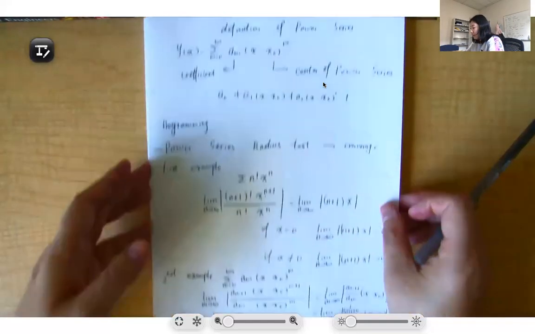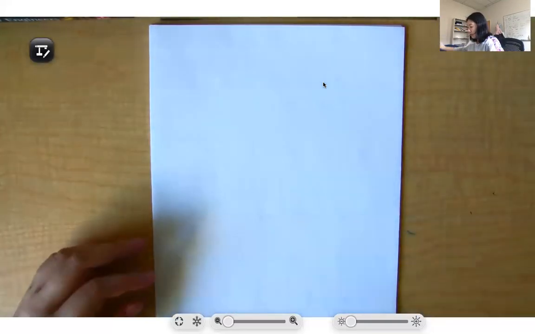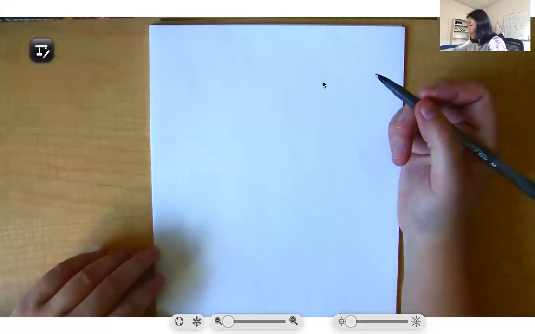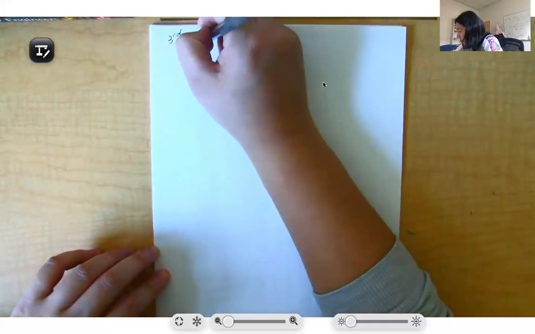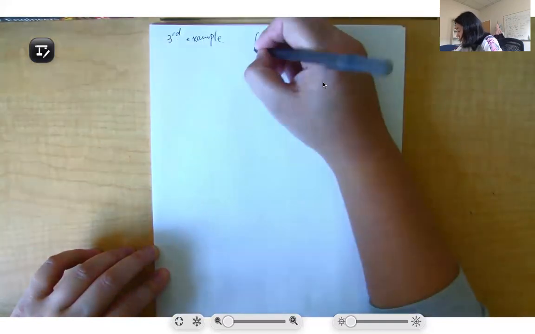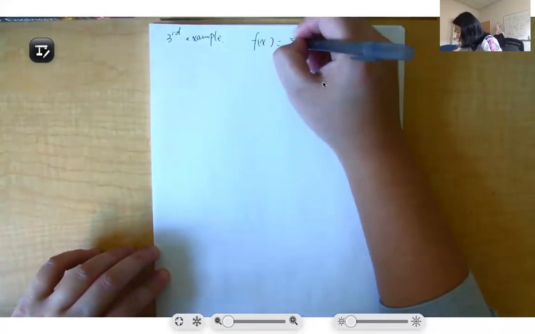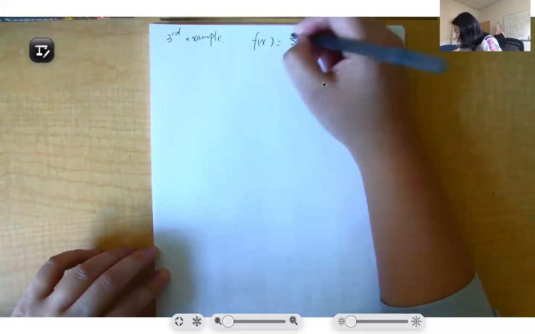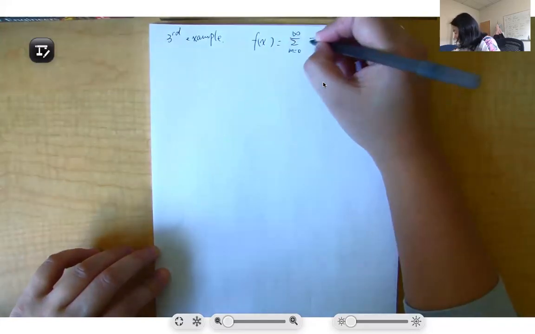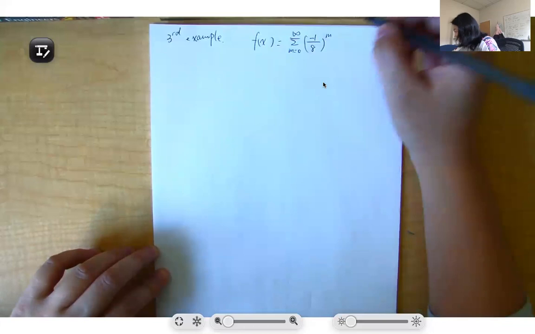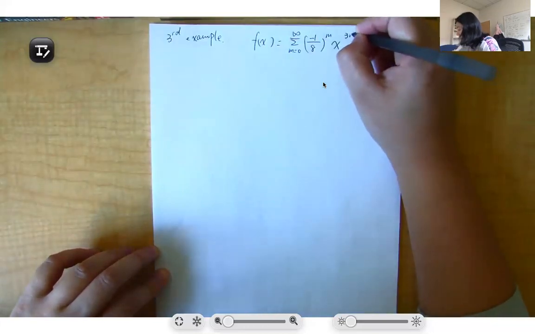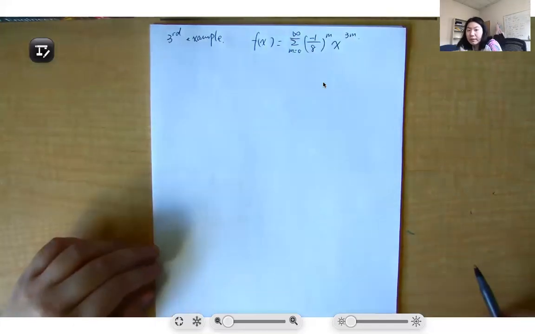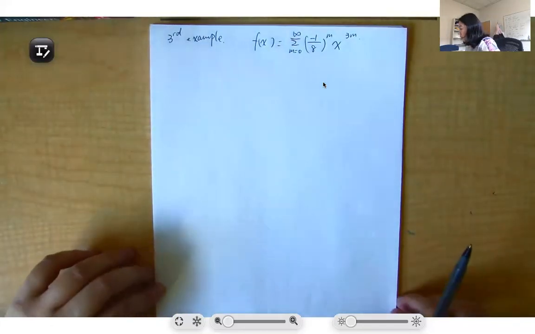Then next, we will make a third example so that you will be more clear about power series convergence. In the third example, f of x equals the sum from m equals 0 going to infinity of (minus 1) divided by 8 to the m's power, times x to the 3m's power. This is another power series.